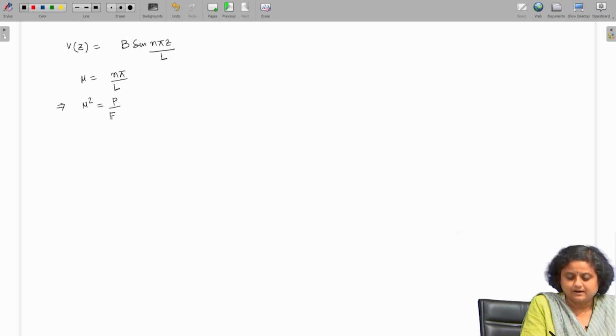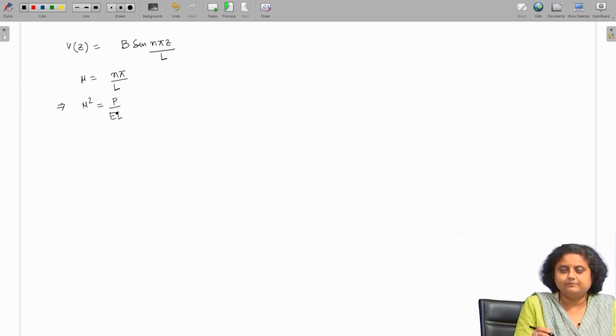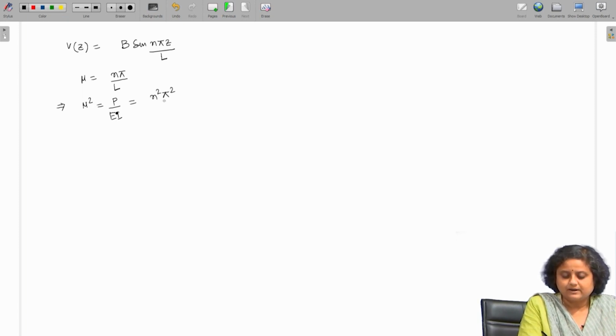If we remember, we have substituted P by EI as mu square, and that is n square pi square by L square. Therefore, P equals to n square pi square by L square into EI.